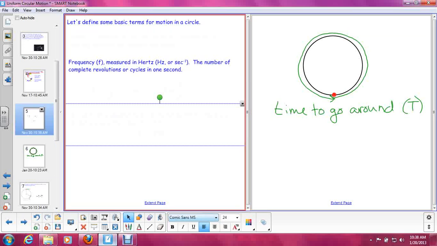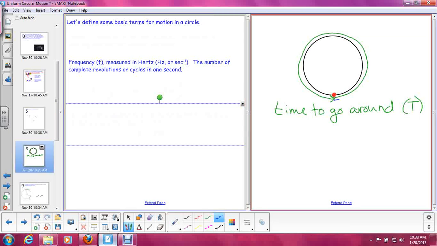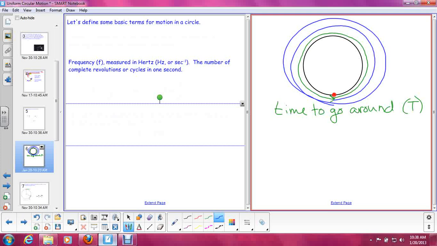The frequency is related to the period, but it's a little harder to wrap your head around, at least for most people. The frequency of an object is the number of revolutions you can do in a single second. So, for example, if I can start right here and go around the circle twice in 1 second, that means I have a frequency of 2.